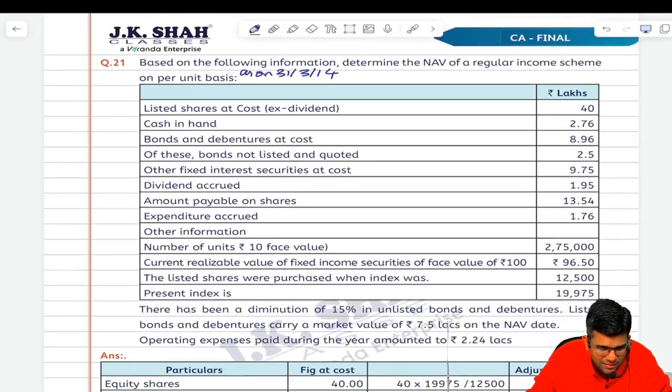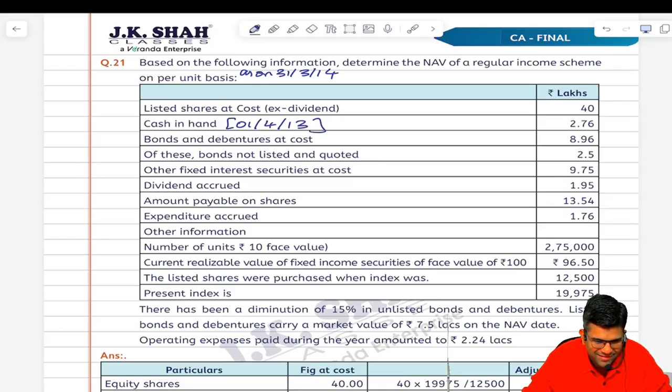But then in cash they wrote in bracket 1/4/2013. Tell me, what difference does that solution create? Come on. What difference will it create?